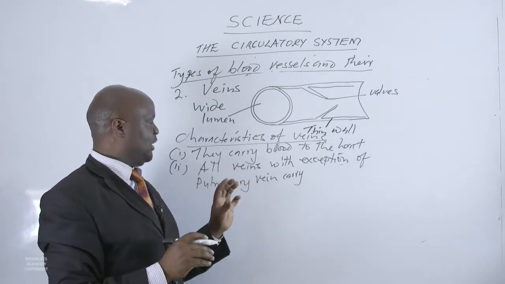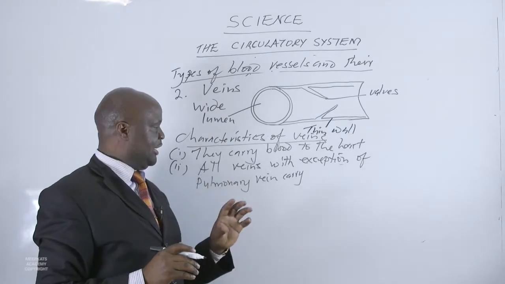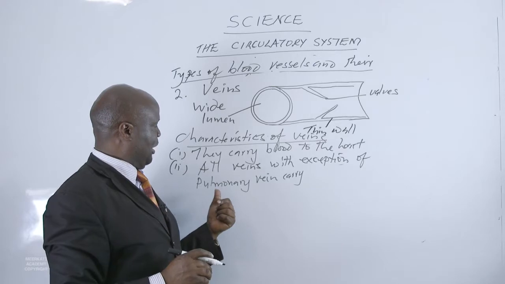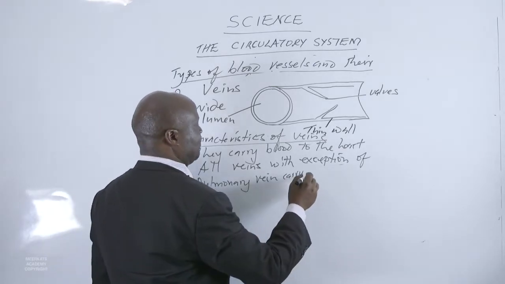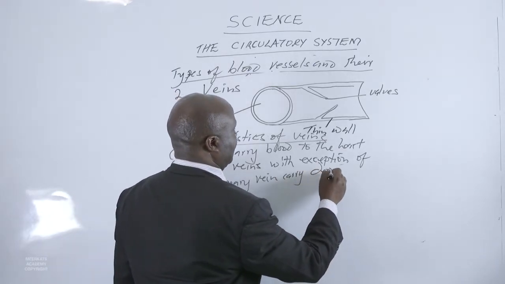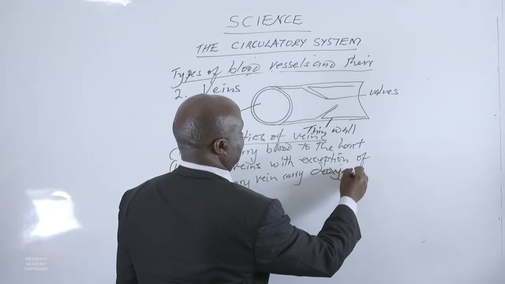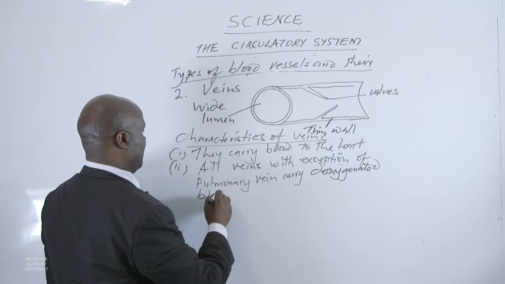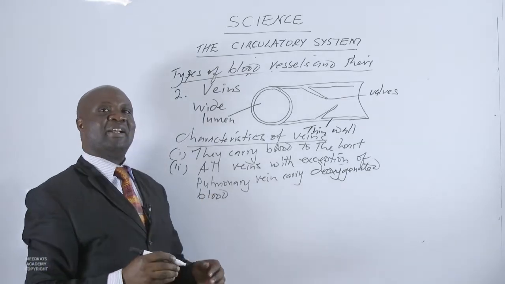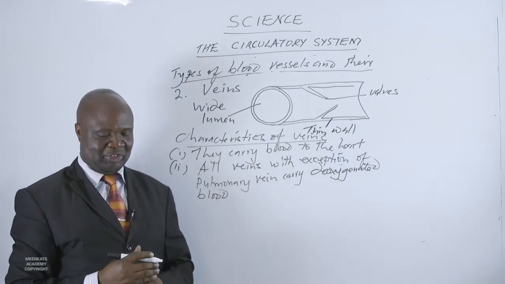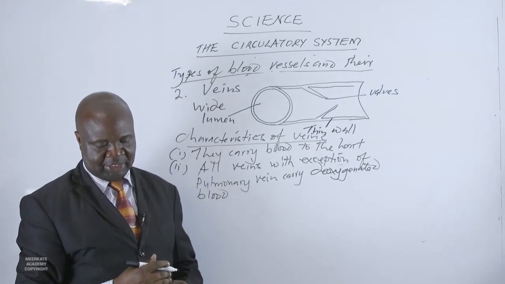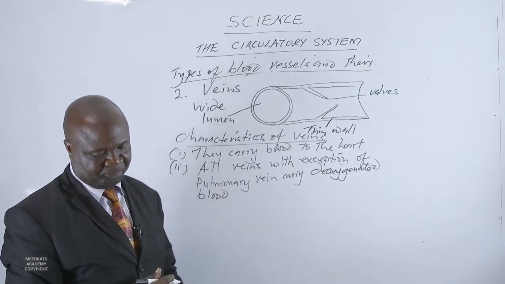Within the heart we shall see where the pulmonary vein is located. All veins with the exception of the pulmonary vein carry blood that is low in oxygen, deoxygenated blood.